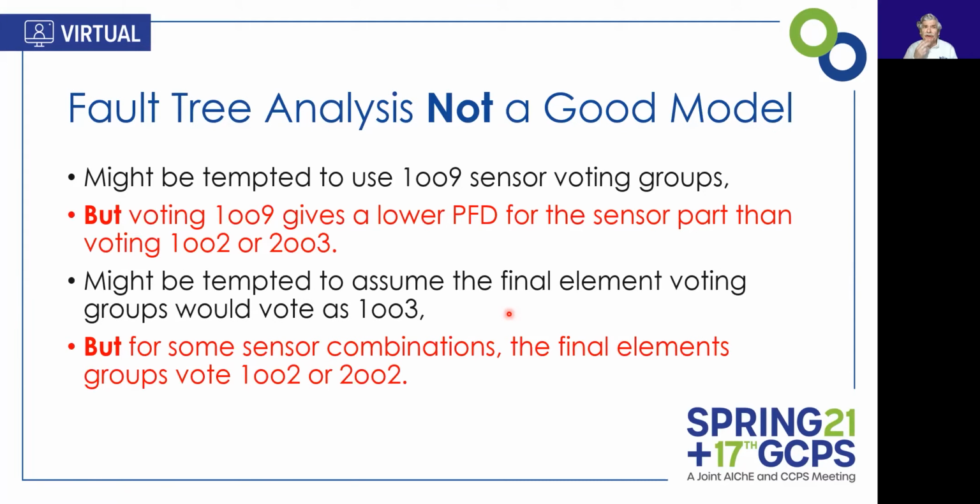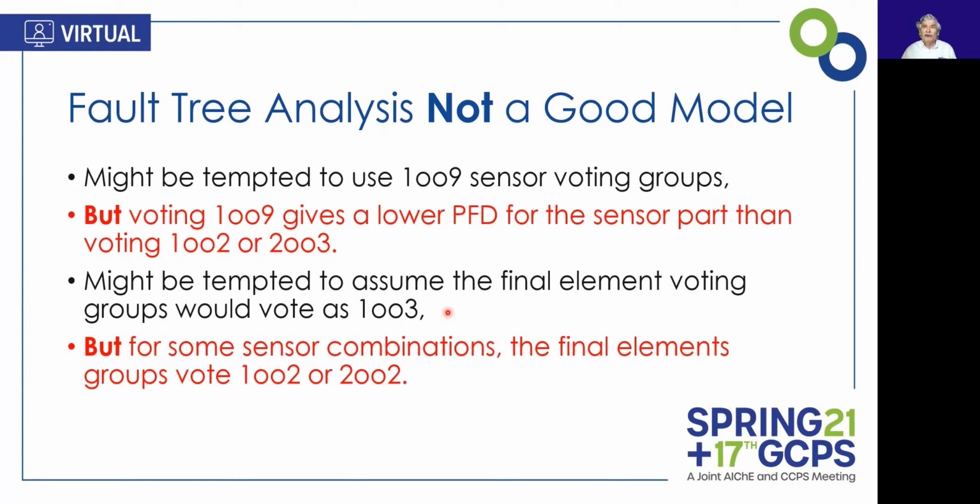We thought, well, could we use fault tree analysis? We might be tempted to use the 1 out of 9 sensor voting groups, but voting 1 out of 9 gives a lower calculated PFD for the sensor than voting 1 out of 2 or 2 out of 3, as specified in the logic.